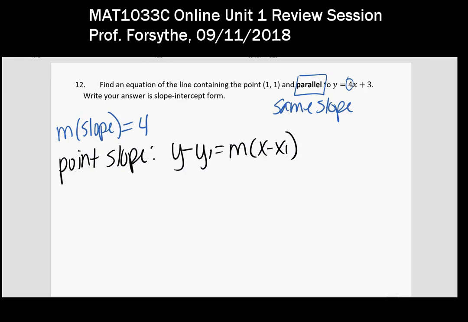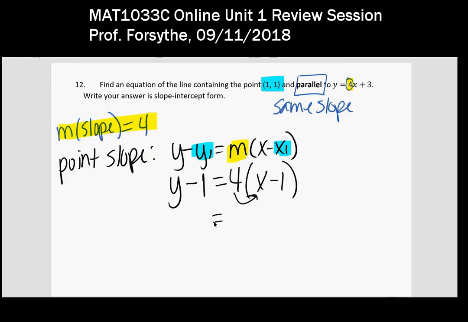The slope is 4. And then the point we're going to use is 1, 1. So let's plug in our values. We're going to have y minus 1 equals 4 times x minus 1. And now we're going to distribute this 4, so we have 4x minus 4.